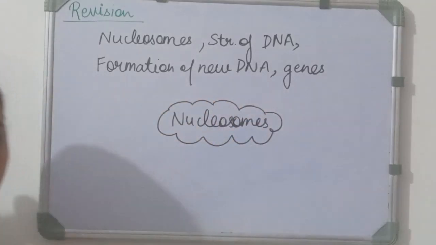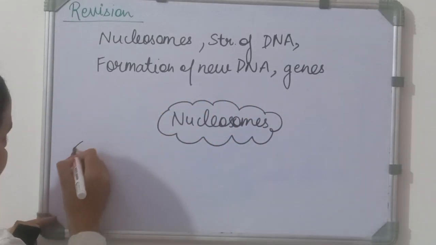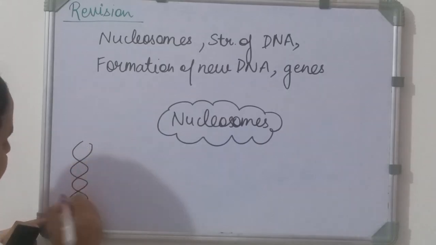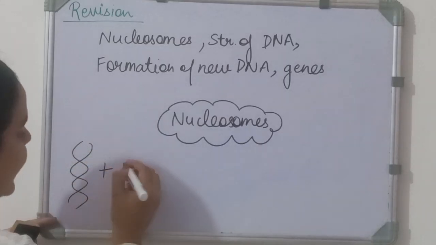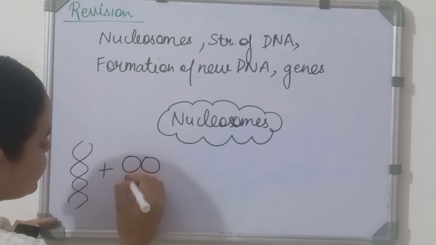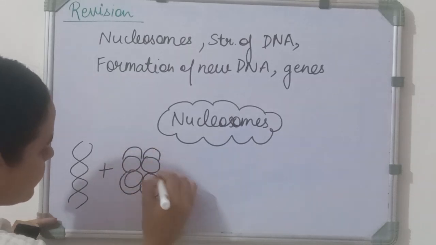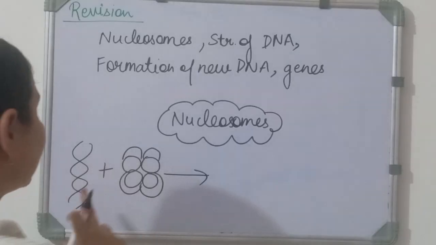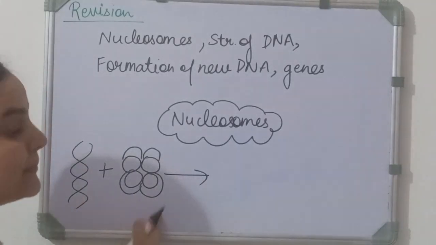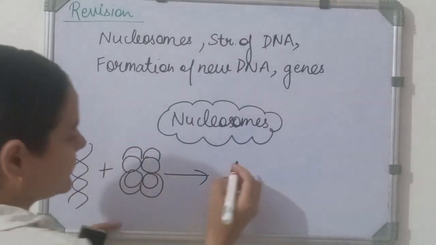So what were nucleosomes? You remember, this was our DNA. Then we had core of 8 histone molecules. Then what happened? This DNA was being wrapped around this histone protein.